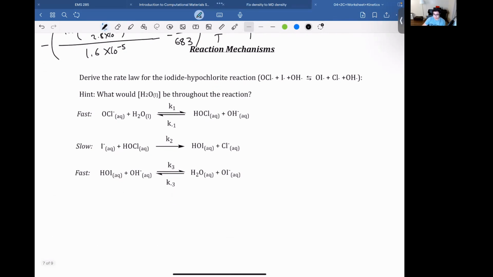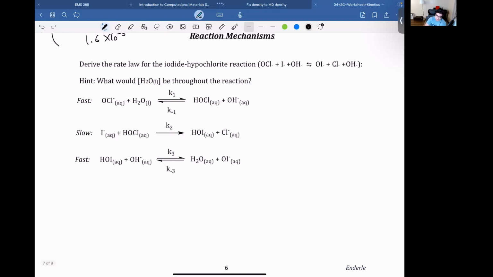Next, it says derive the rate law for the iodide hypochlorite reaction. Hint: what would the concentration of H2O liquid be throughout the reaction? So first, let's write the rate law for this reaction. The rate law is based on the slow step for these three reactions, right?